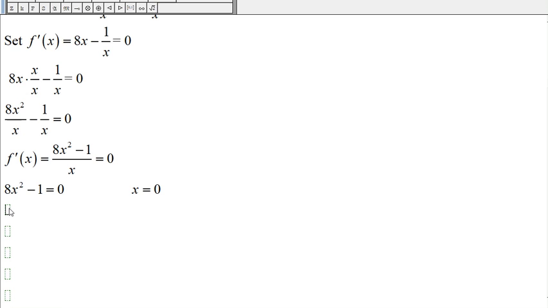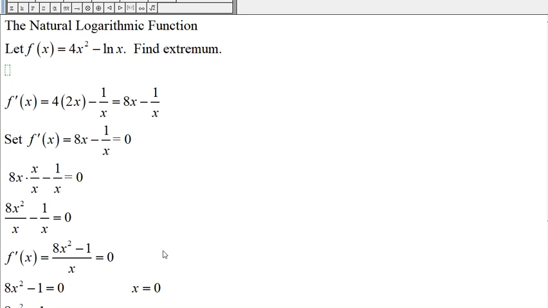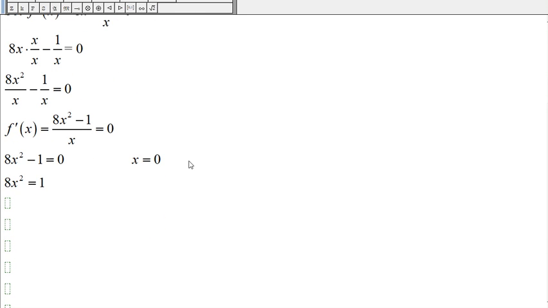And so right here we have 8x squared. Add 1 to both sides, we get 1. And then for this particular problem, we can throw the x equal to 0 out. The reason is that the function we have is 4x squared minus ln x, but the natural log function is only defined for x greater than 0.